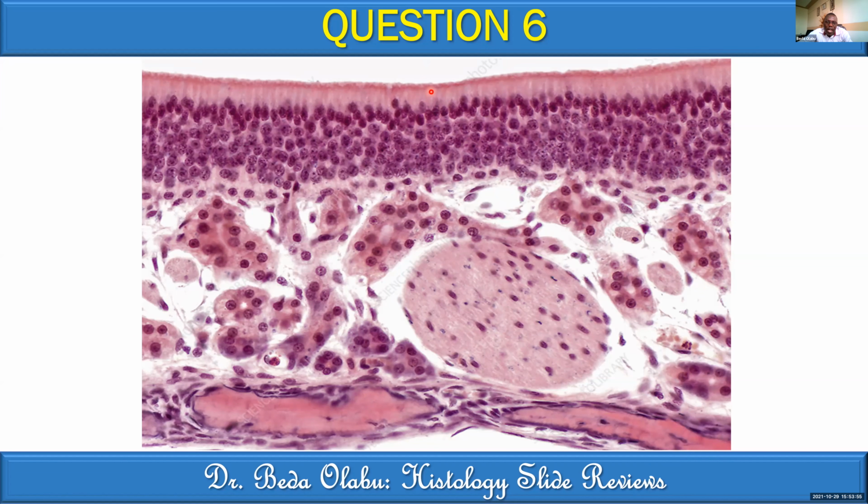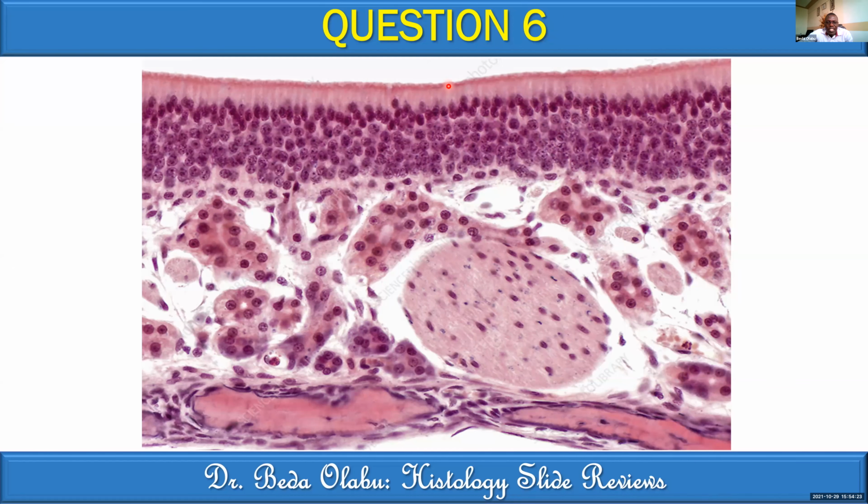We can see that the apical zone is devoid of nuclei. So this is pseudostratified columnar. Now, something to guide you as well. When you look into the deeper layers, you see these other things. These are nerve bundles. So this epithelium has several nerve bundles.